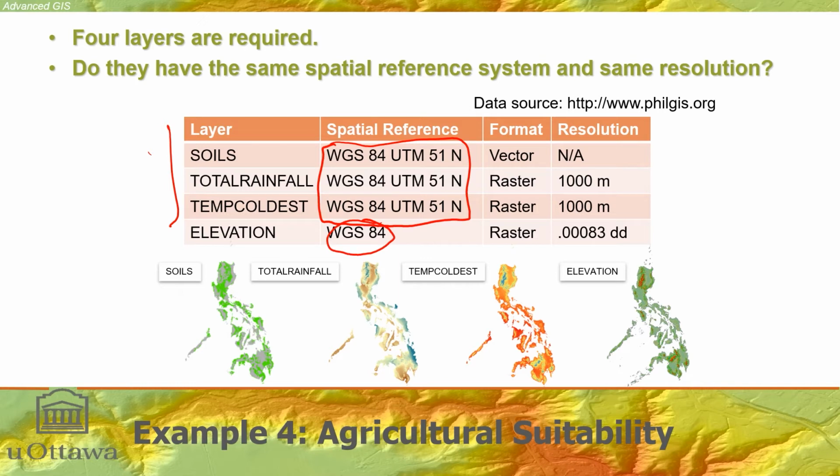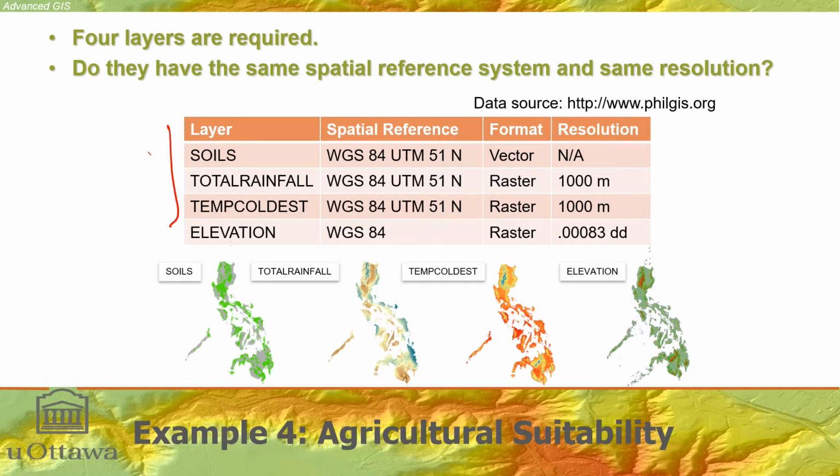Elevation, however, is in WGS 84, longitude latitude. So if it just says WGS 84, we know that's longitude latitude. There's nothing else after the WGS 84 to say, well, these WGS 84 coordinates were projected into this system, such as the 3 examples above, where we know WGS 84 is the longitude latitude system that was projected. Its datum, its ellipsoid, was projected into UTM 51 North.